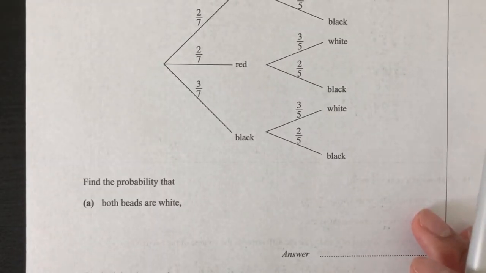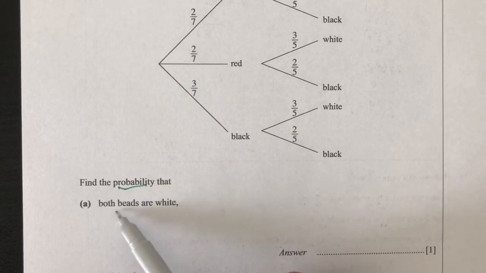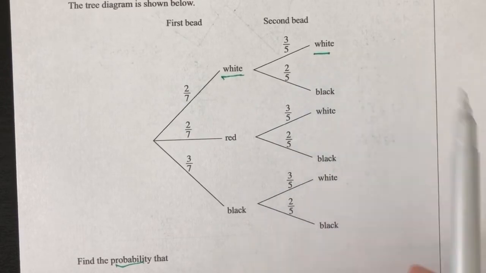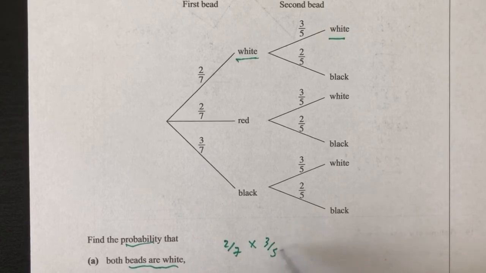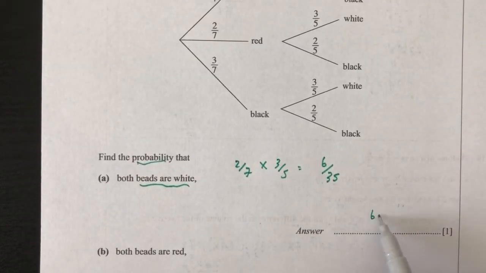Now for part A, we have to find the chance that both beads are white. So it will be white and white. How do you find this? 2 over 7 times 3 over 5, that will be 6 over 35. That will be your answer for part A.